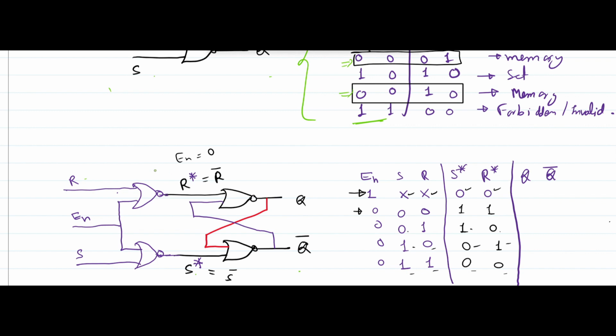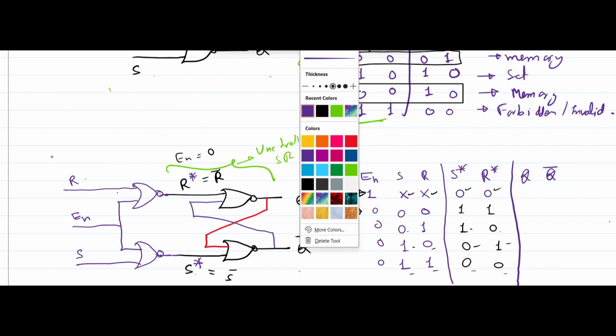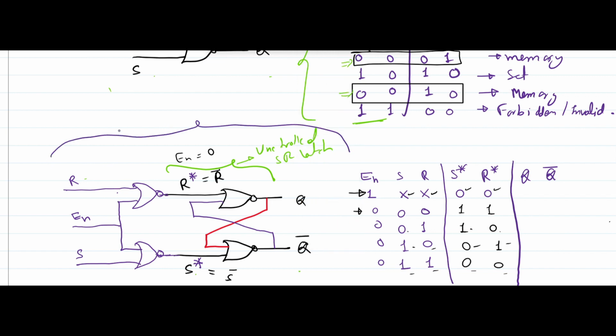Now this part is nothing but the uncontrolled SR latch, and this whole part is the controlled SR latch. From the controlled SR latch, I get the inputs for the uncontrolled SR latch, that is R star and S star.